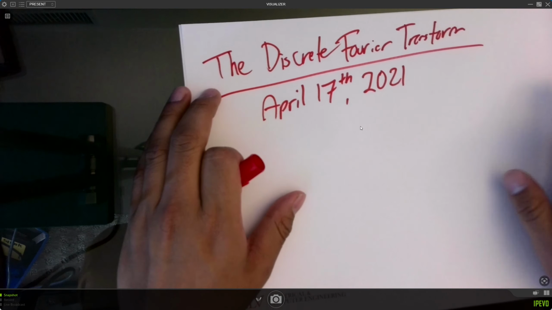From what we've already learned in previous videos about the continuous, aka the analog, Fourier transform, or Fourier series, sorry. Say we had a signal f of t, which is some sine wave or some random signal.